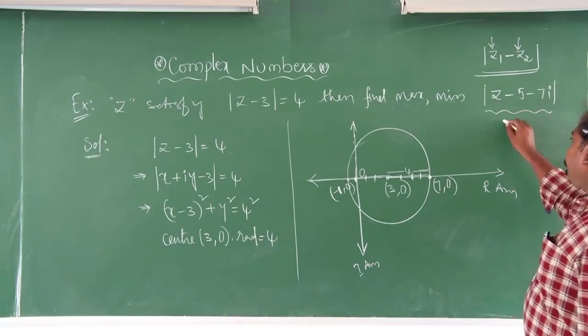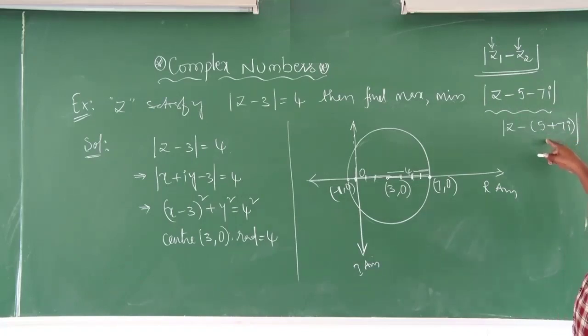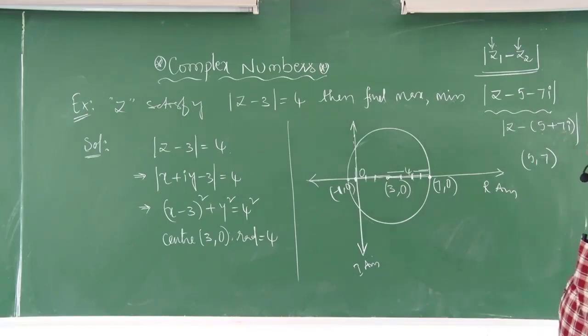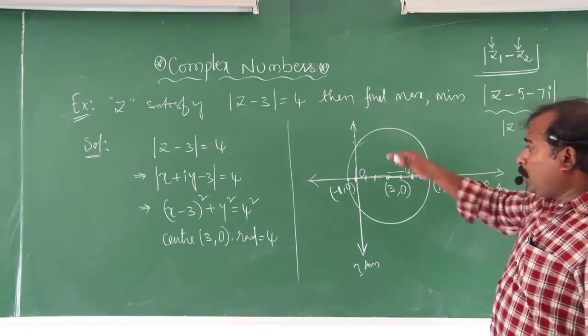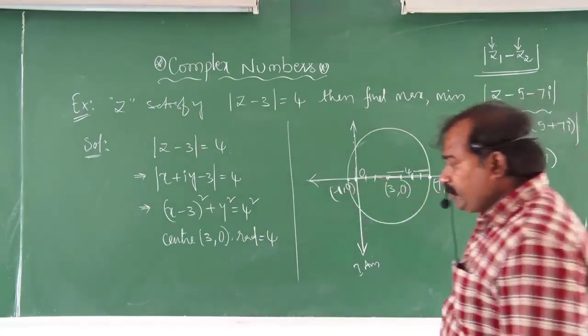Now modulus of z minus 5 minus 7i, for this we have to find the maximum and minimum value. That means the point here is 5, 7. Where does this point lie, outside the circle or inside? You can cross check by substituting the point, as we did in the circle chapter.